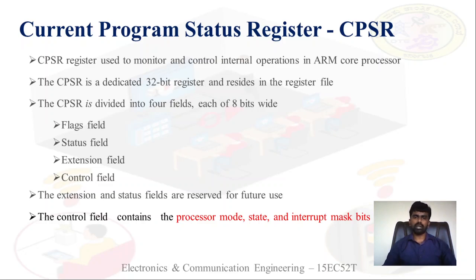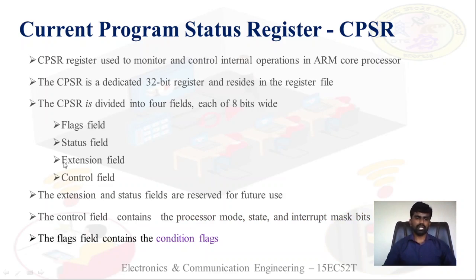To select a particular mode, we use this control field. Similarly, we have 3 different states: ARM state, Thumb state, and Jazelle state. The control field helps select a particular instruction set state. Similarly, there are interrupt mask bits. There are 2 interrupt mask bits, FIQ and IRQ.